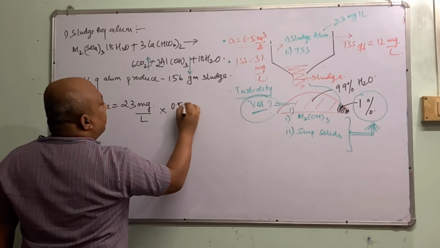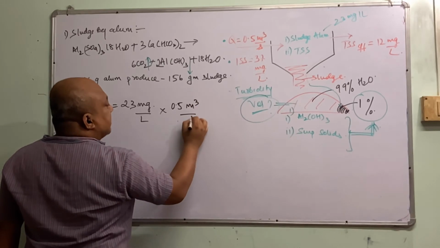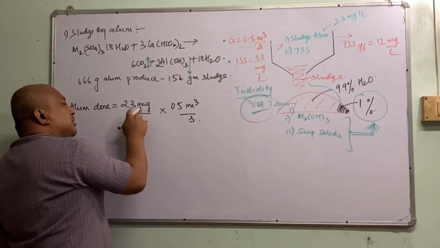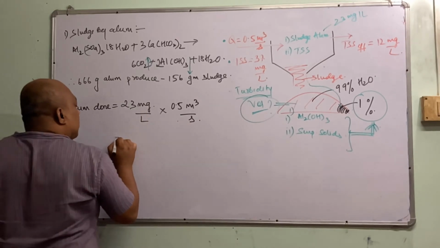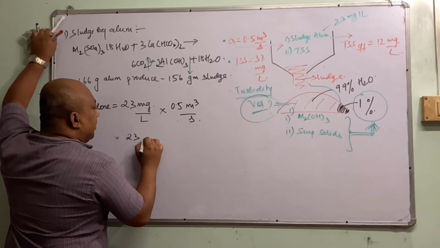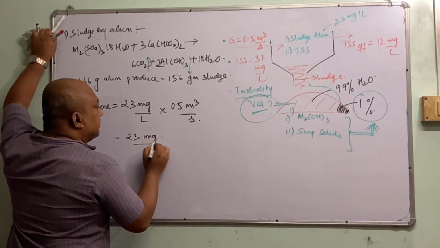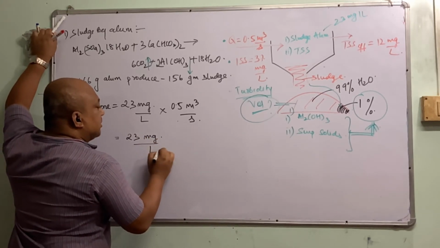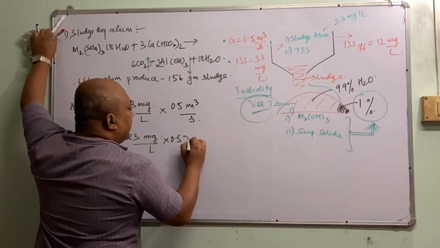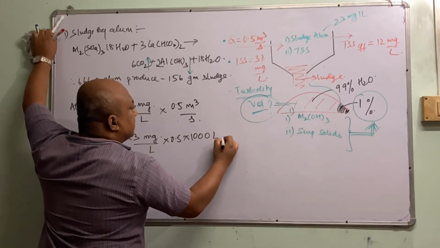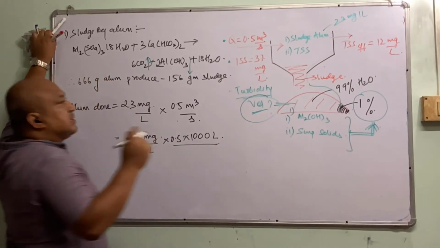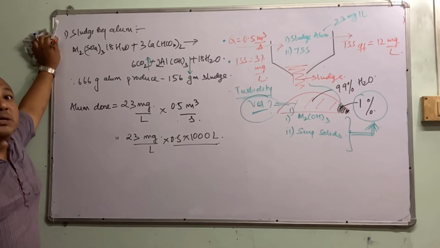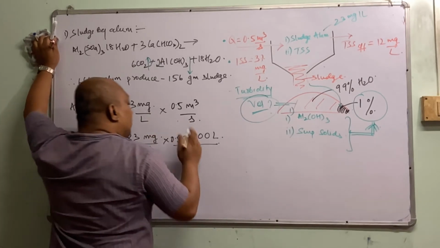It is 0.5 meter cube per second. That means per unit time, this much dose is used. So this is 23 milligram per liter into 0.5 into 1000 liter. Let me convert meter cube to liter so that this can be cancelled. And then second: since we are not going to add the alum every second but only in a particular day, let's convert second into day.